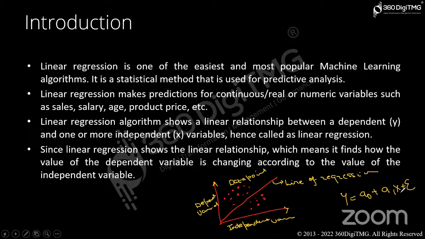X is the independent variable, that is the predictor variable. A0 is the intercept of the line. A1 is the linear regression coefficient, that is the scale factor to each of the inputs. And epsilon is the random error.